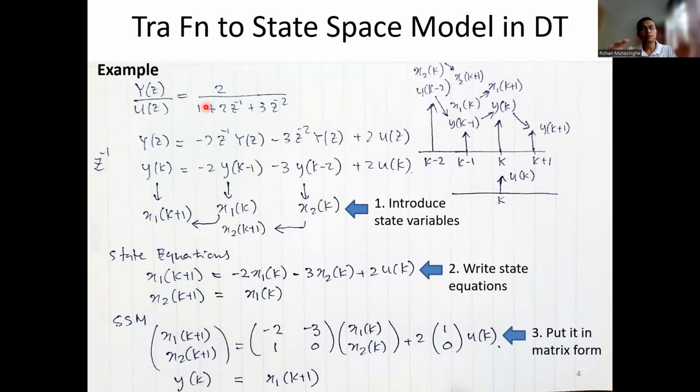When we cross multiply, you can write this equation: y(z) is equal to 2 times u(z), which comes over here, and then y(z) you can isolate on the left hand side, and the other terms, 2z^-1 y(z) and 3z^-2 y(z), after cross multiplication come back to the right hand side.